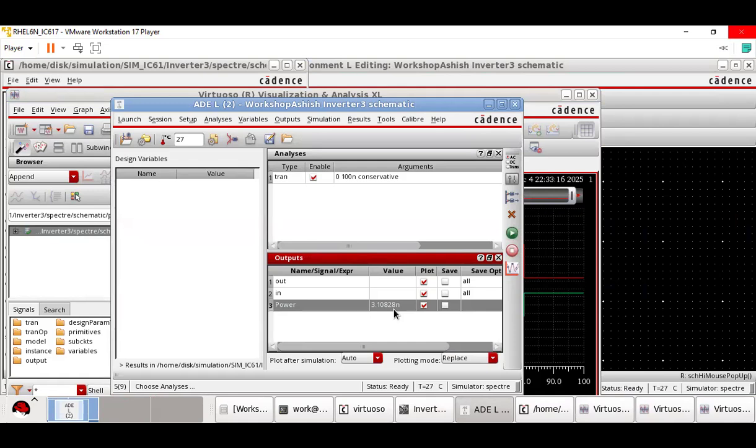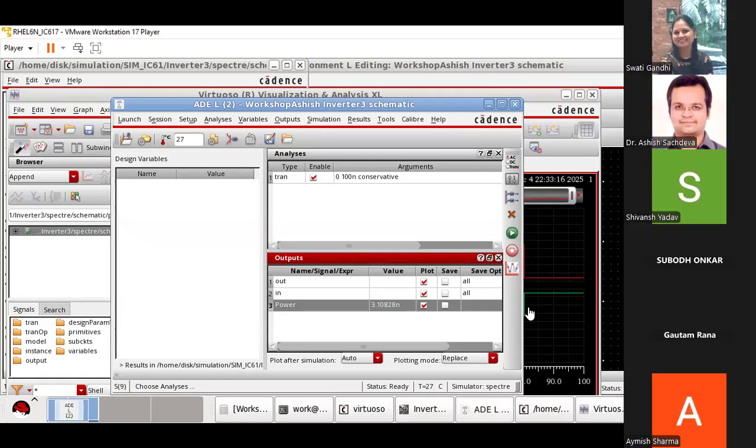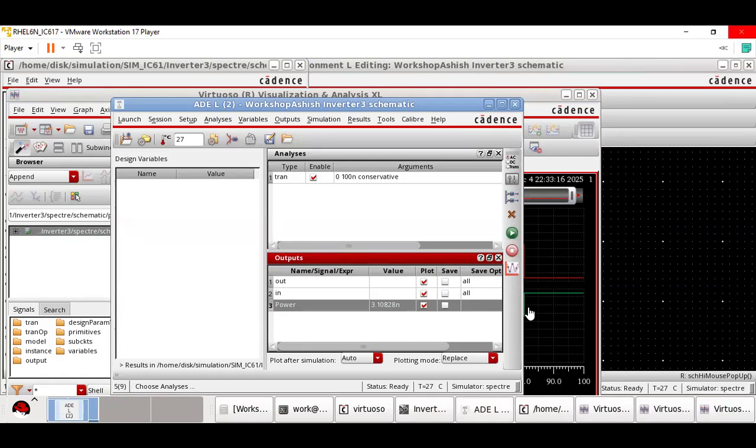So whenever you make a digital circuit, what are the important points that you need to take care of? You need to take care of the leakage of your circuit, the leakage of NMOS, and the leakage of PMOS. Second, you need to take care of the frequency of your circuit.